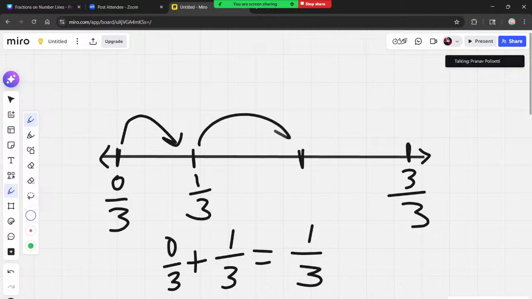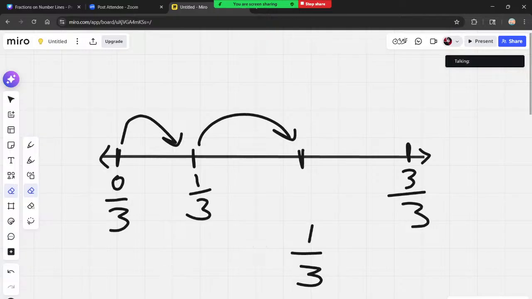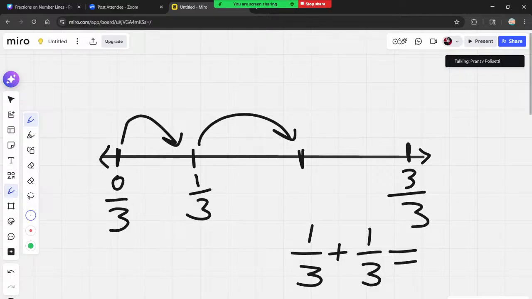And then we jump again. Now we're adding another piece to the 1 over 3. So 1 over 3 plus, we're gonna add one more piece, so 1 over here, and then divide by 3 equals 2 total pieces now over the 3.